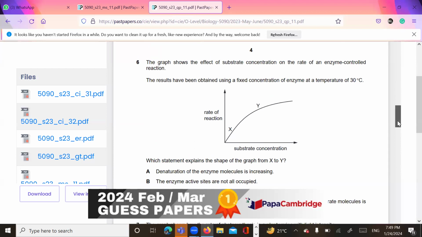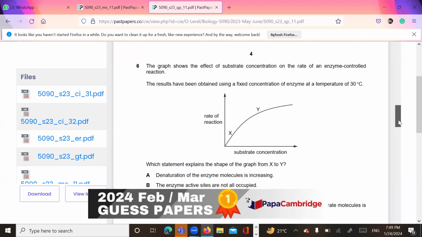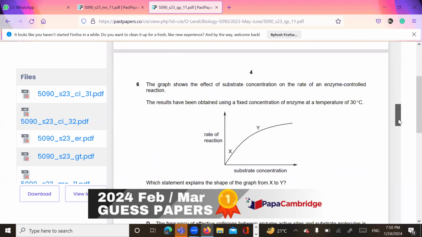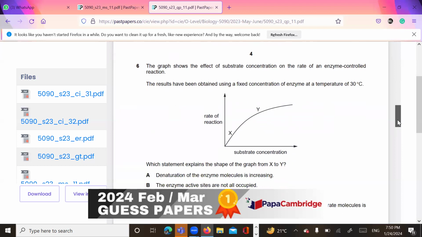So now question number 6. The graph shows the effect of substrate concentration on the rate of an enzyme-controlled reaction. The results have been obtained using a fixed concentration of enzyme at temperature 30. Which statement explains the shape of the graph from X to Y?